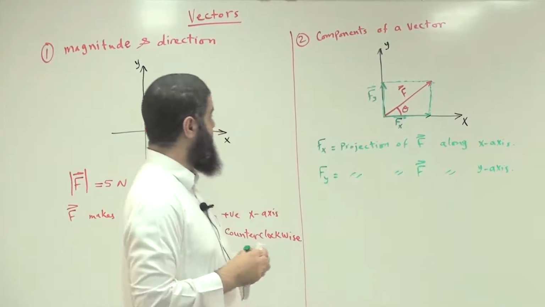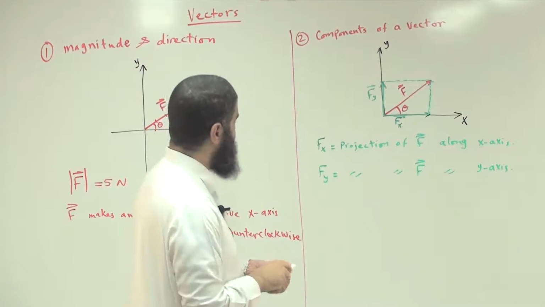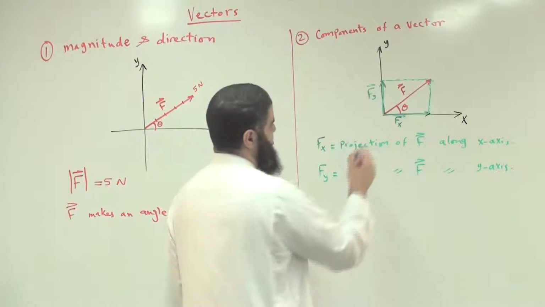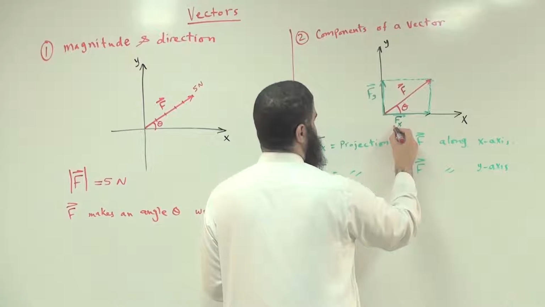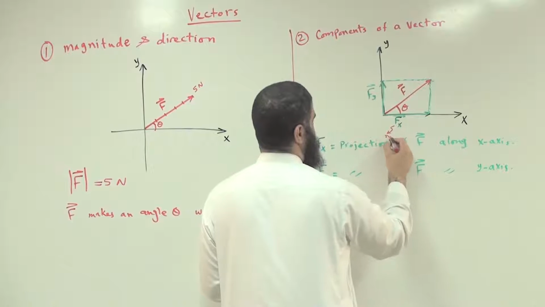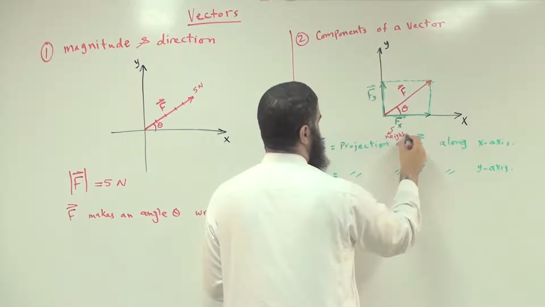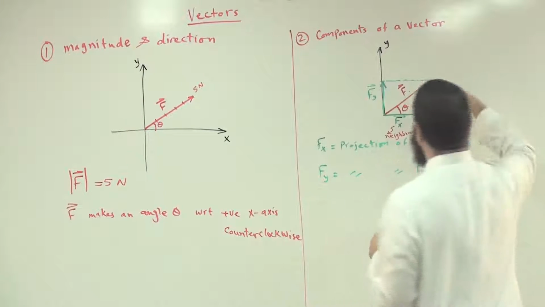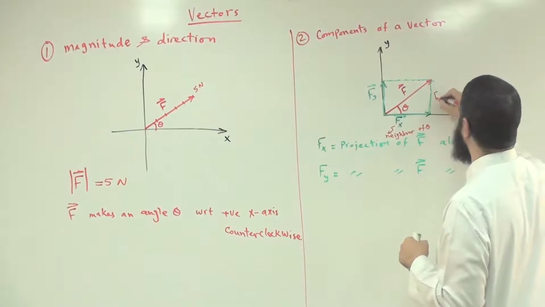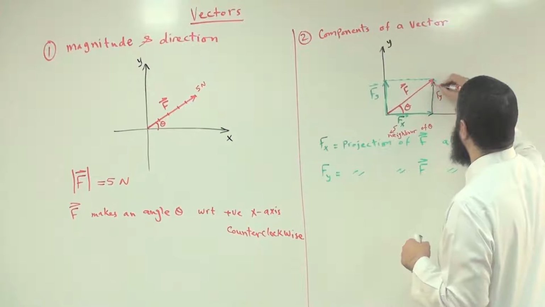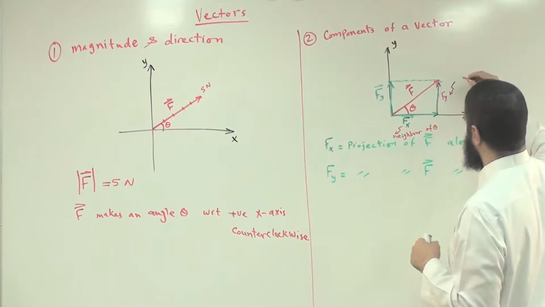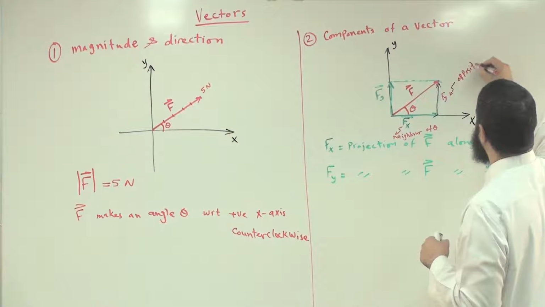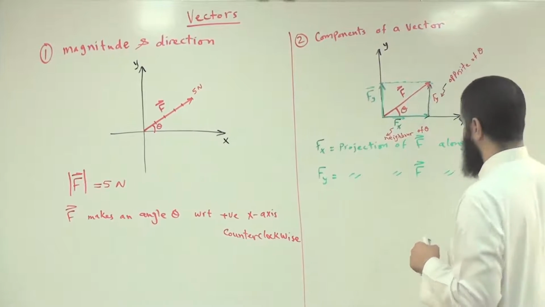From trigonometry, we notice that Fx is the neighbor of my angle theta, while Fy, which is this one, is the opposite of angle theta.